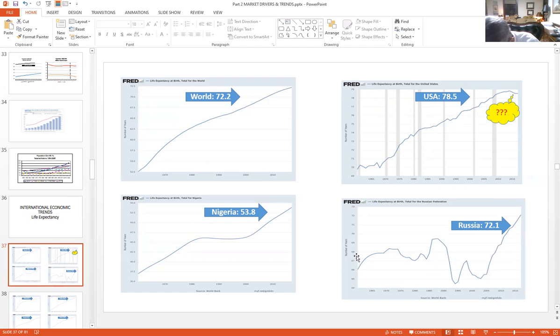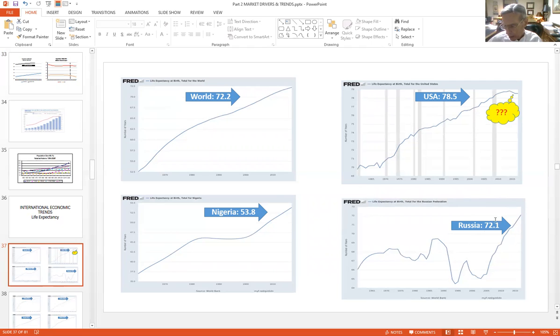And so right here, we're at about life expectancy of 69. Down here, it was about 65, which is not very, very long life expectancy compared to the US.